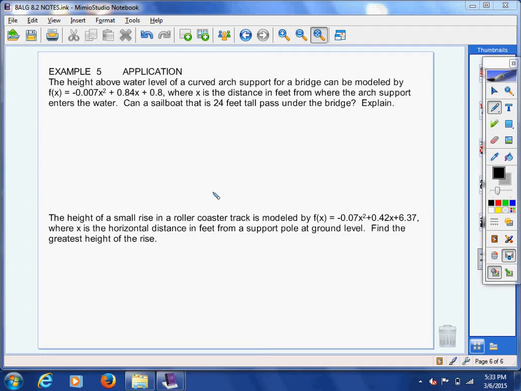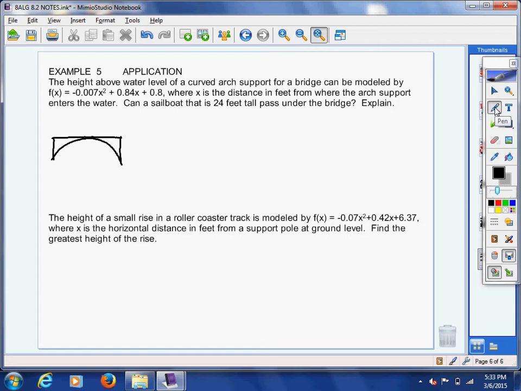And what you may want to do is draw yourself a picture. We're talking about a curved arch support. So I'm going to draw a real basic, crude drawing of a bridge with a curved arch support, okay? Some really smart engineer, not me, used good math and came up with this bridge concept.